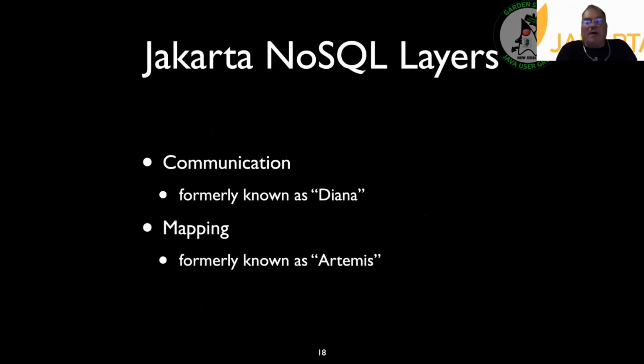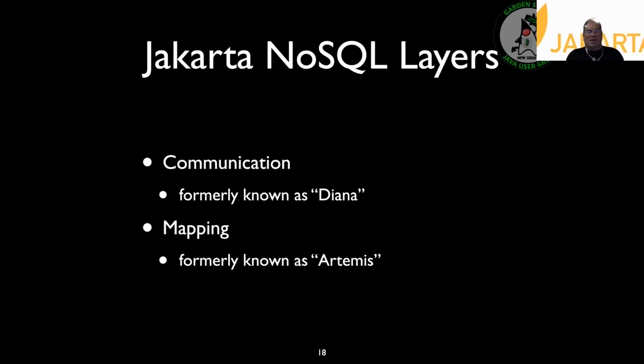Okay, so you have the different layers, and there are two of them, communication and mapping. If you've seen early versions of this, especially blog posts that give you an example of how to implement Jakarta NoSQL or Eclipse JNoSQL, this was formerly known as Diana for the communication layer, and the mapping layer was formerly known as Artemis.